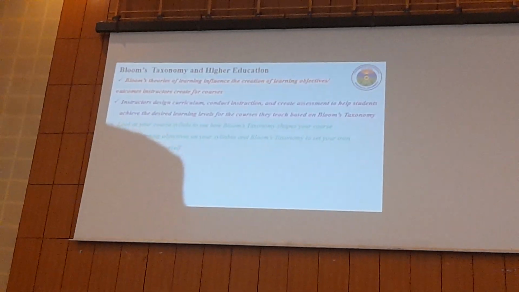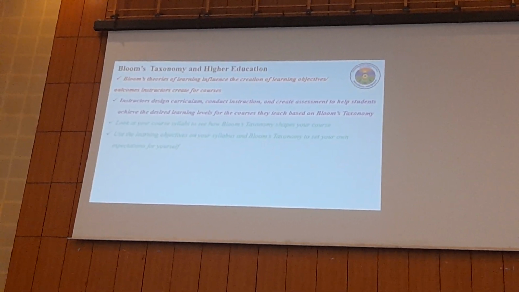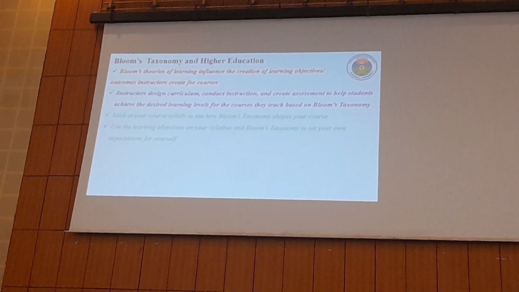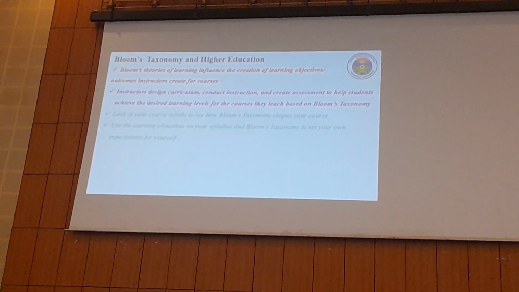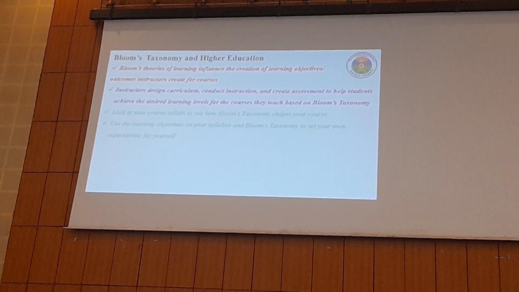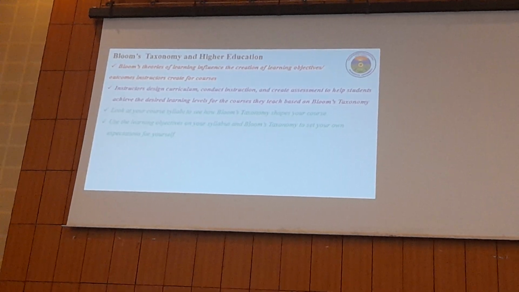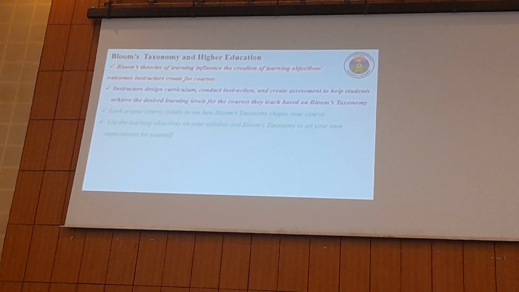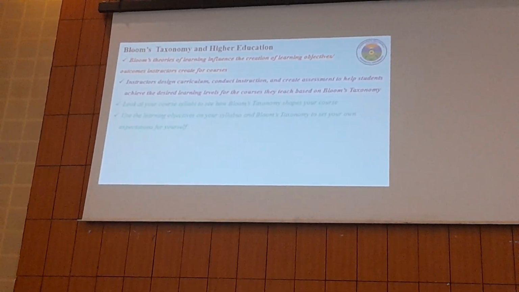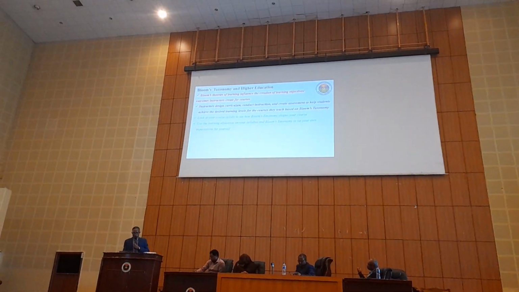So Bloom's theories of learning influence the creation of learning objectives, outcomes, and instructions that we create for a course. The instructor designs curriculums, conducts instruction, and creates assessments to help students achieve the desired learning levels of the course through this Bloom taxonomy.